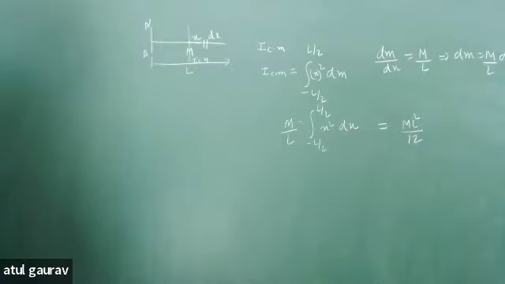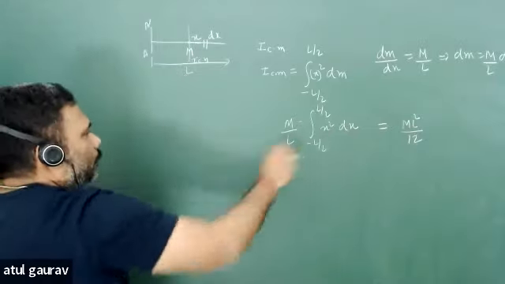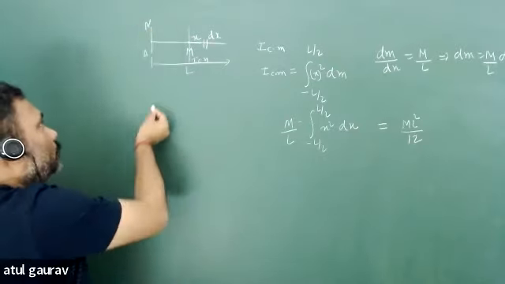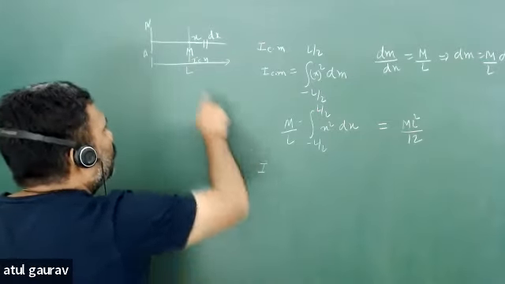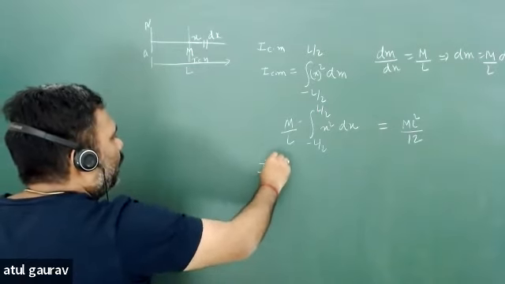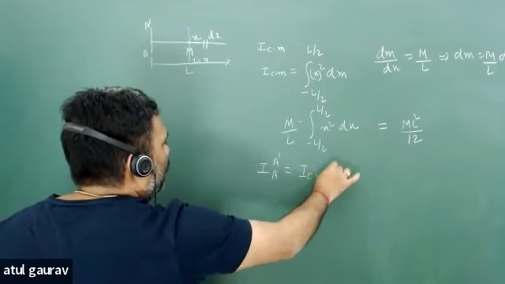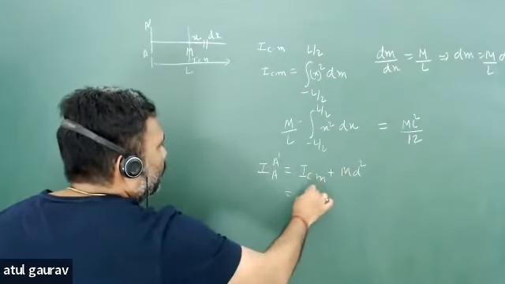Okay. Now, so you have moment of inertia about this axis, that is ml square by 12. Now we have to find the moment of inertia about this axis, just passing through this one. So you can easily use parallel axis theorem, and this axis is parallel. So I A dash is equal to I center of mass plus M d square. What is I center of mass?